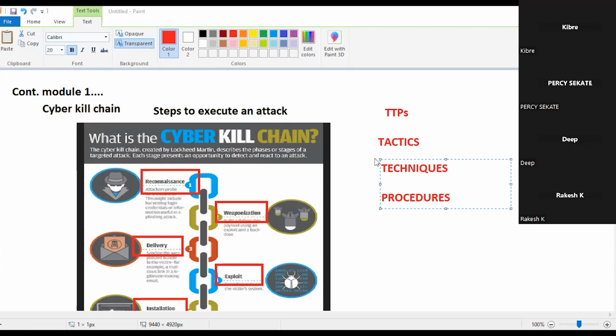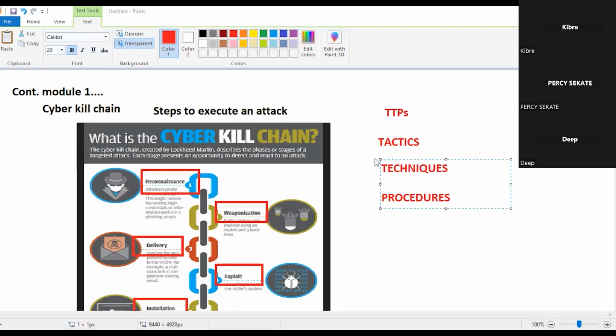In technique, the hacker, or let's just say we the ethical hackers, decide various methods: which tool and which malware kit they are going to use to execute the attack, and which various attack surfaces and attack vectors they are going to use. Phishing, SMSing, whaling, delivery, all of that comes into technique. And now the procedure, how the attack is going to come into action, how we are going to take it into action.